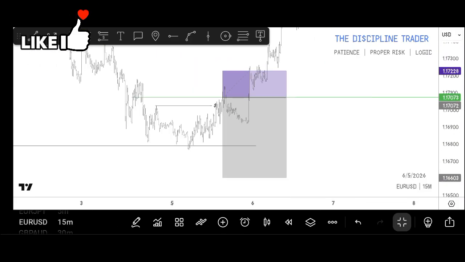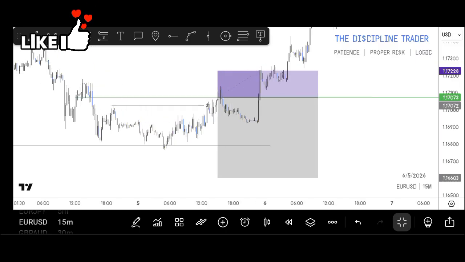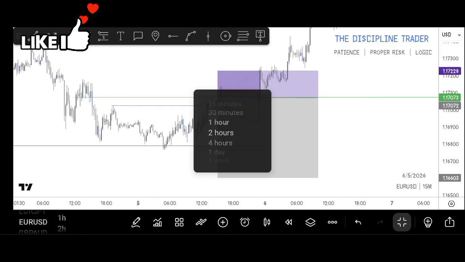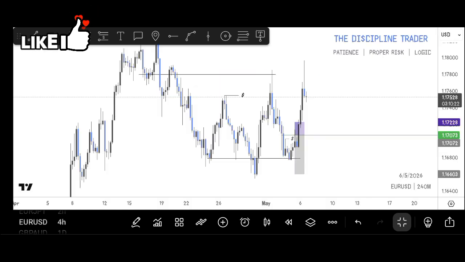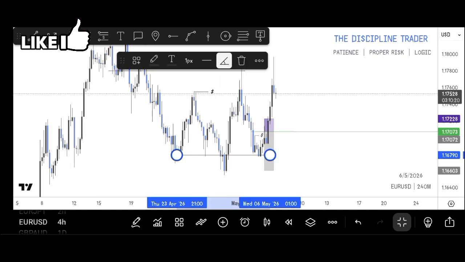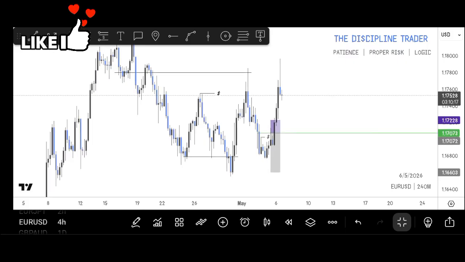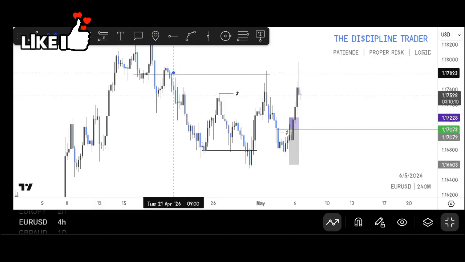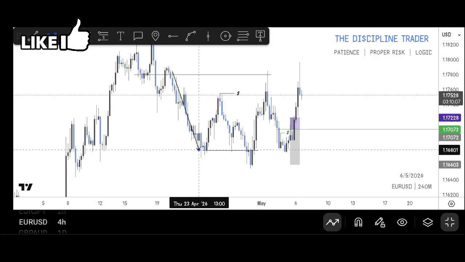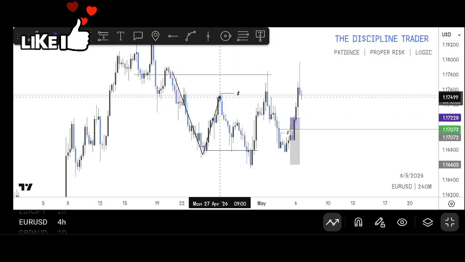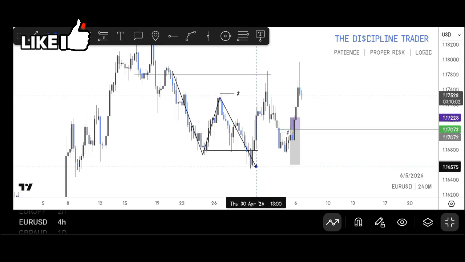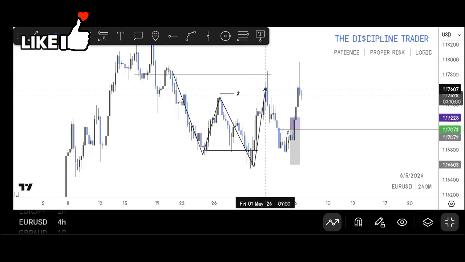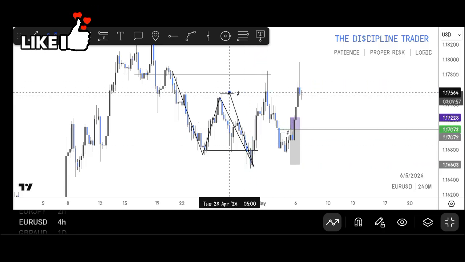And this is the other trade I took on EUR/USD. Let me come to the 4-hour time frame. This was where I actually got the bias on the 4-hour time frame. On EUR/USD, I was focusing on this down move, where price gave us a low, retraced and gave us another lower low, and it went up there taking liquidity from this high right here, and it rejected from this previous key level.